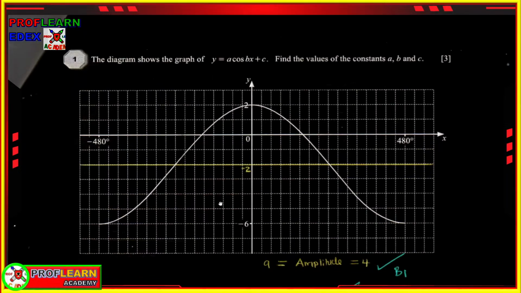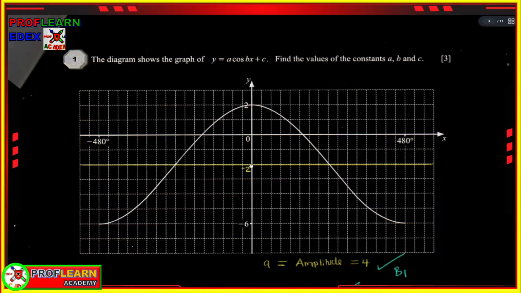So the first thing that you need to do is to draw a midline. You see from the minimum point to the maximum point, the minimum point is -6 and the maximum point is 2. So the midline here is going to be across -2.